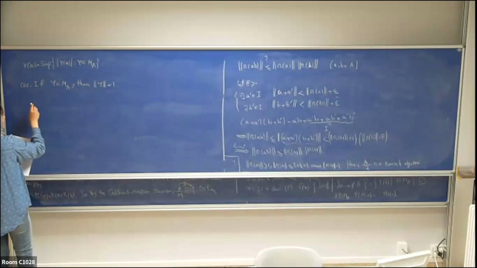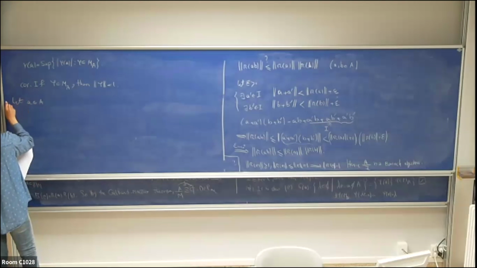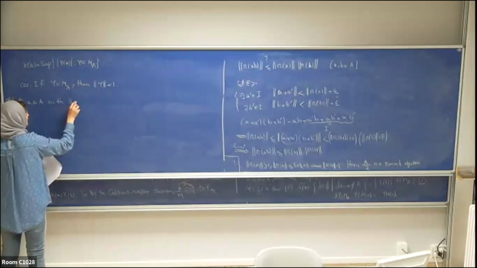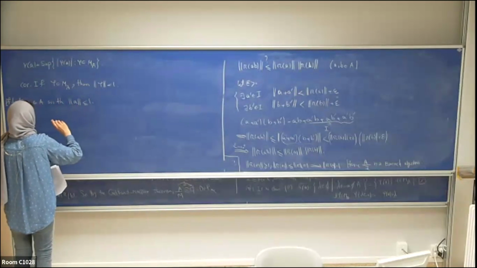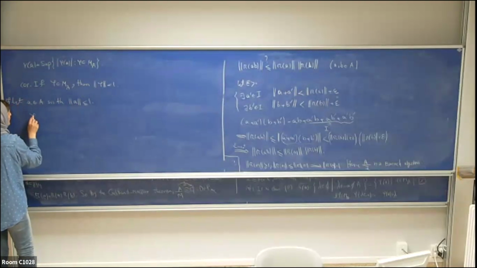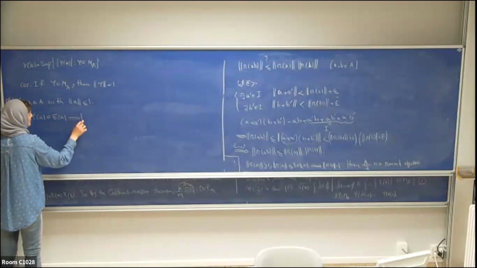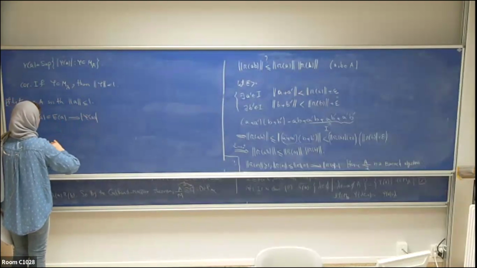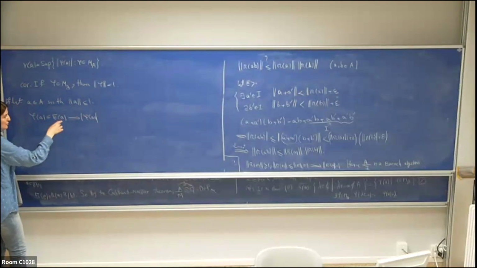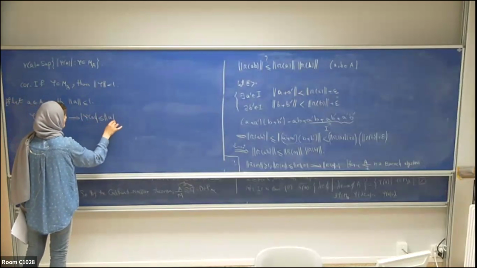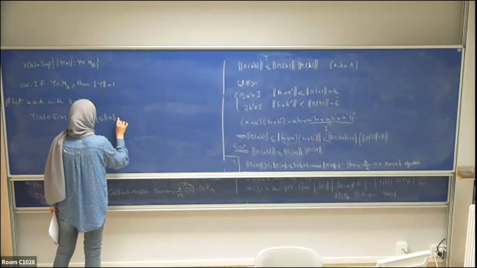Because if a is in A with norm of a at most 1, we know that phi of a is in the spectrum of a, and we know that the spectrum is bounded by the norm of a, which is at most 1.